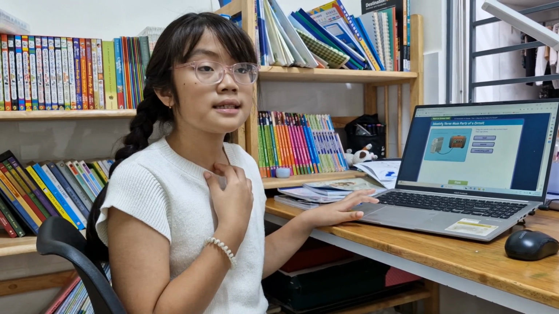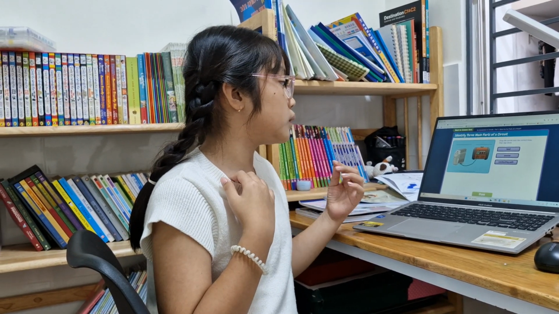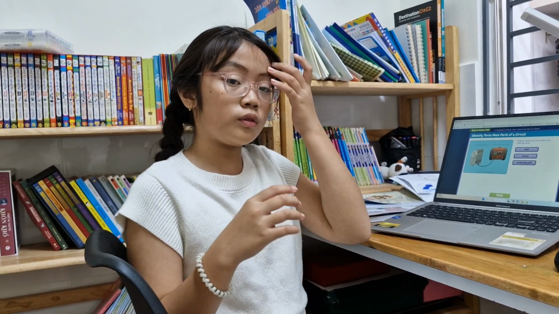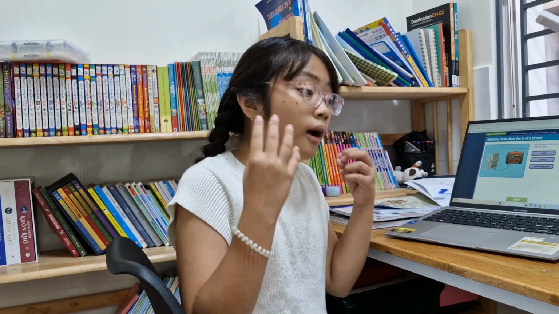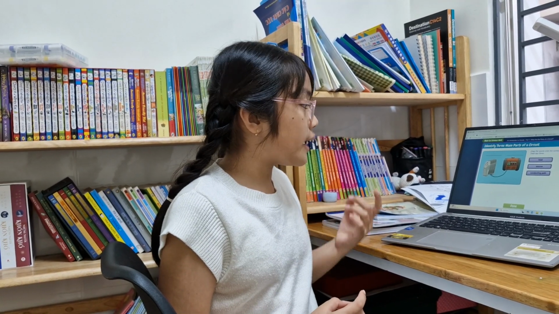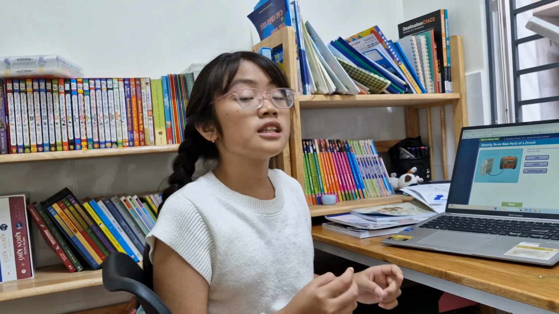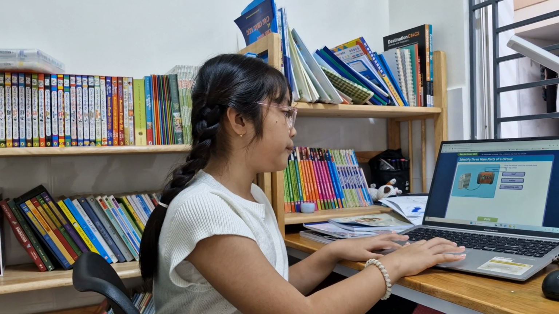Now let's drop the words to every part of a circuit. A battery is where the electricity is provided, so it will be the source.